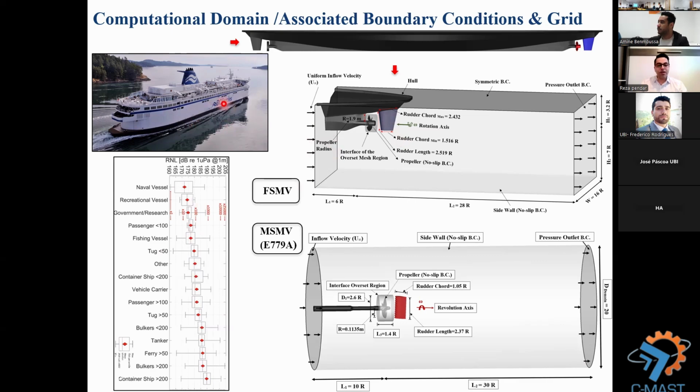This very large vessel has a propeller diameter of 4 meters. And we also considered a small size rudder and propeller with a size of around 30 centimeters for the small size vessels.